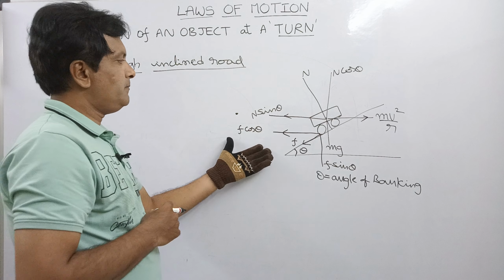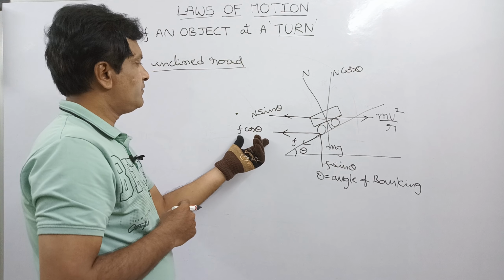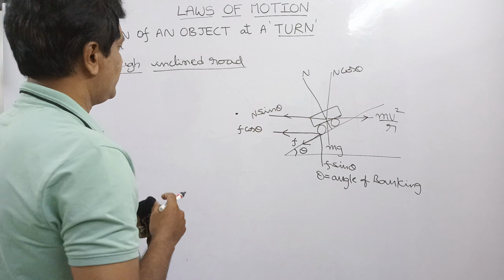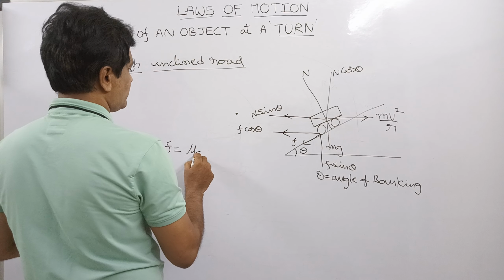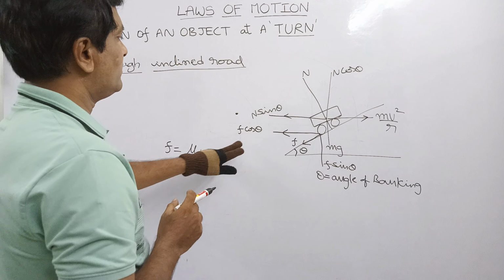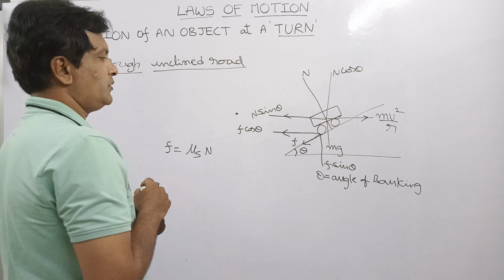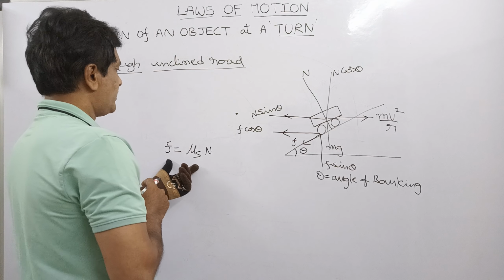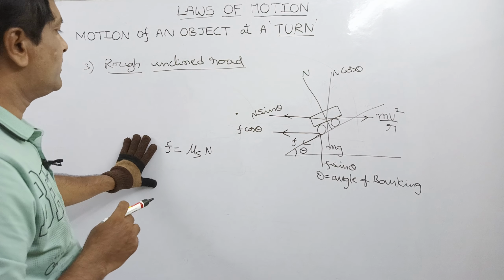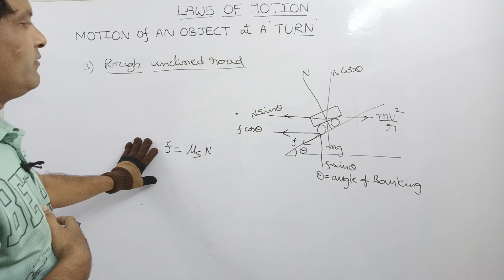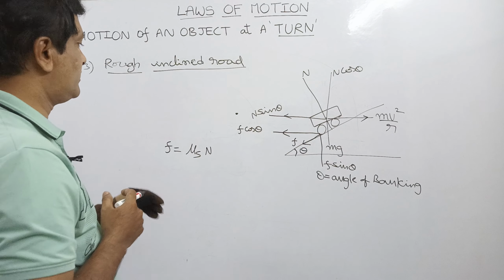So here, see, when we consider the F cos theta, the frictional force is nothing but mu s, right, mu N. So if we replace this F cos theta with mu N, we can substitute in the formulas, and we will get the equations for the velocity limits.